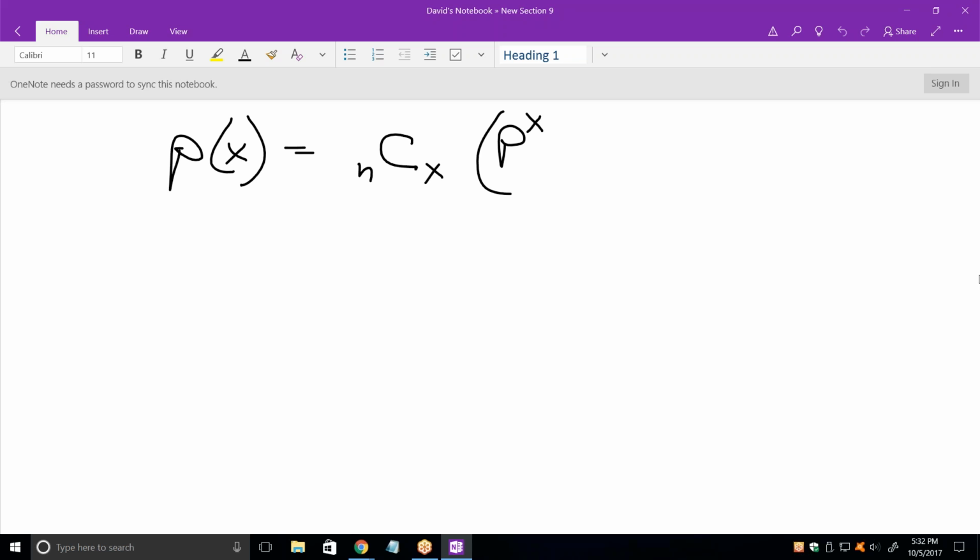P stands for probability of success, and x stands for the number of successes. And then it's 1 minus p to the n minus x. And n stands for the number of trials. That's the binomial. That's also the binomial theorem.